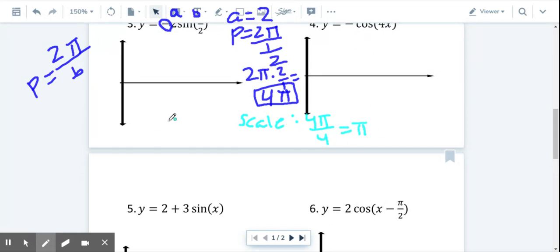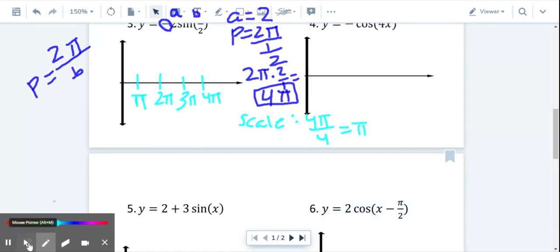So our scale is pi. When we create our scale, our first number here is pi. So instead of counting 1, 2, 3, 4, we're going to count 1 pi, 2 pi, 3 pi, 4 pi. Easy enough.